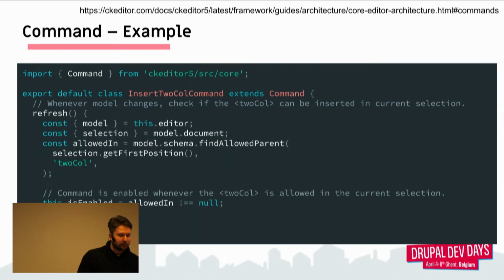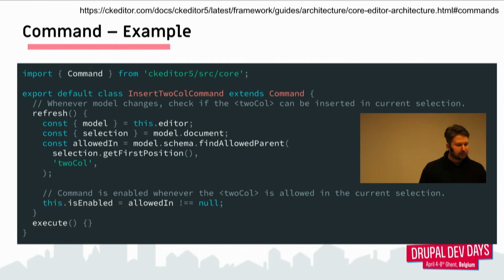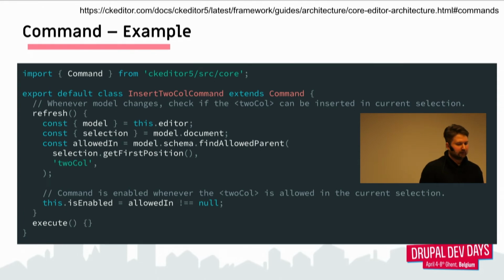So here's an example of how the refresh could look for our toCall element. We are basically setting isEnabled based on whether the toCall element is allowed in the current selection. So if the cursor is in a position where you can enter this element, we would allow this to be inserted.